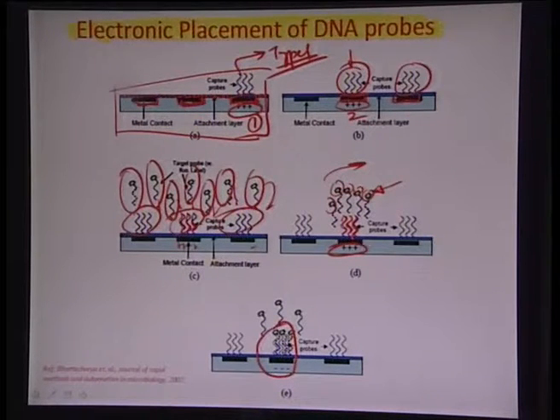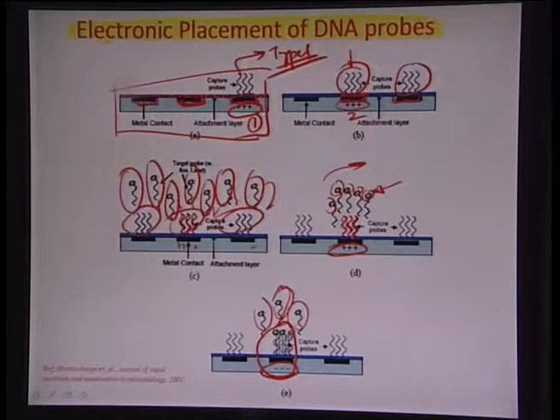In order to prevent any further binding of the other single stranded DNA, so that the target concentration is not lost in the next cycle, you apply a small negative bias here, so that nothing comes near this electrode once it has been bound. The other two can then be converted into a positive bias, so that these molecules can drift towards both sides and start binding to the immobilized DNA molecules.